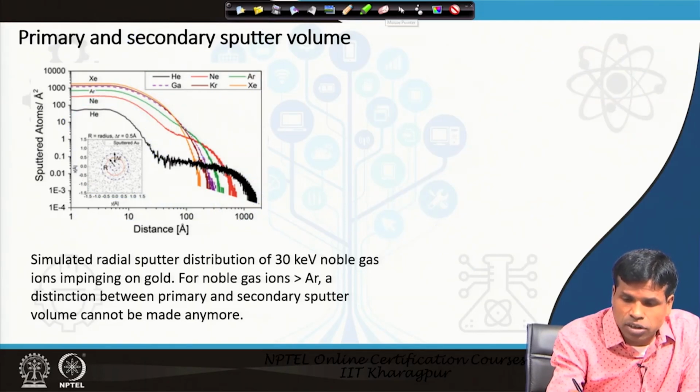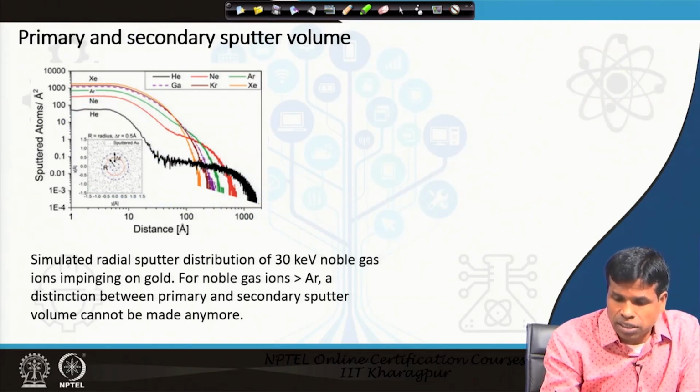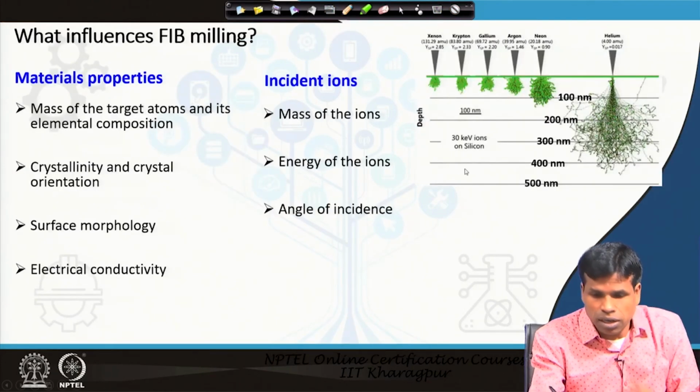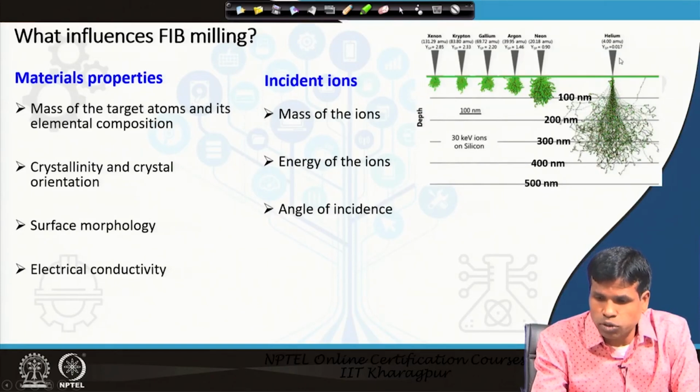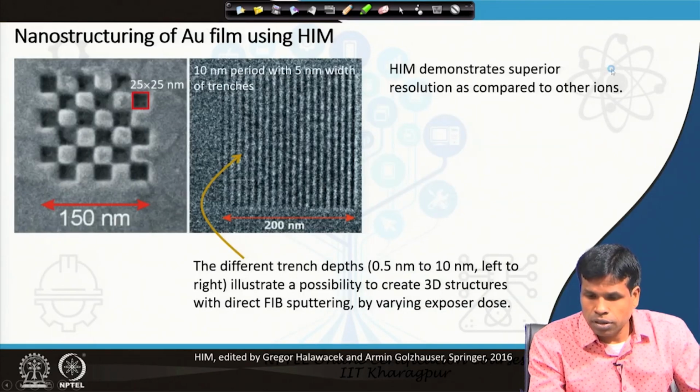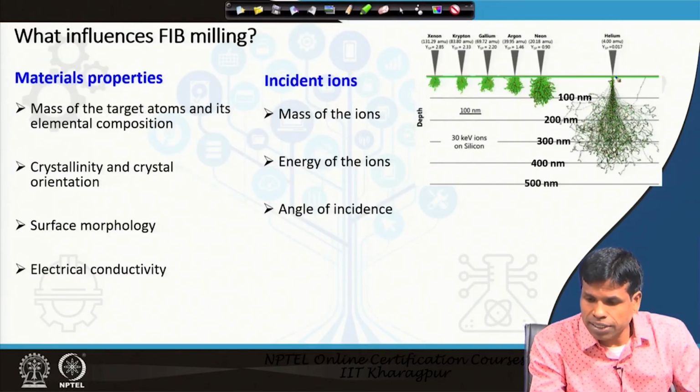That is because their mass is higher, their momentum will be higher. Certainly here you can see the difference, helium giving a very small spot size.